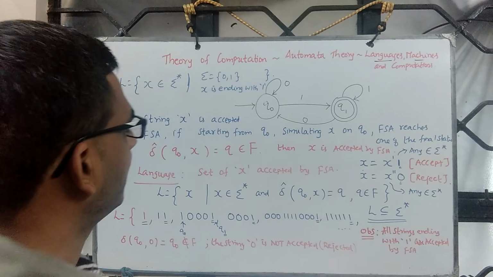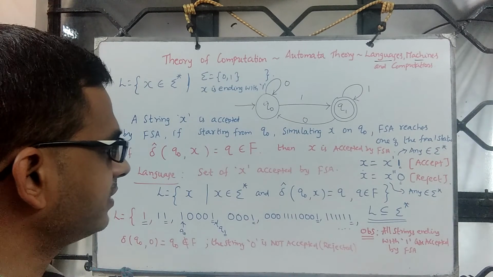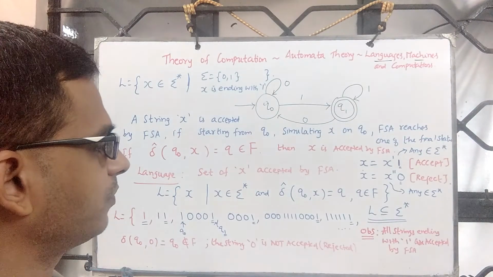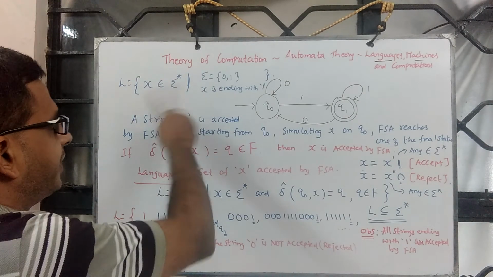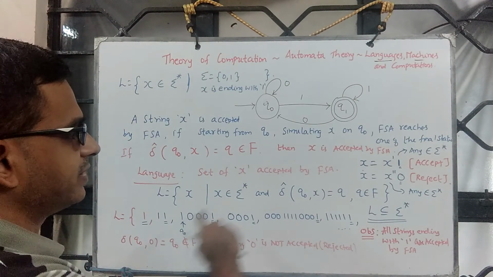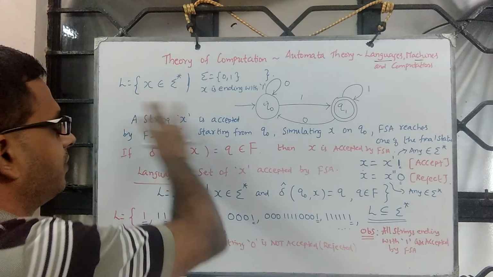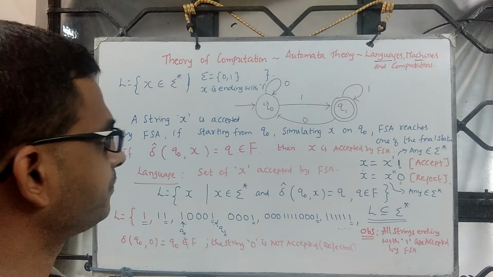It is all strings ending with 1. And what is not part of this? Strings ending with 0, which will be rejected by this automaton.